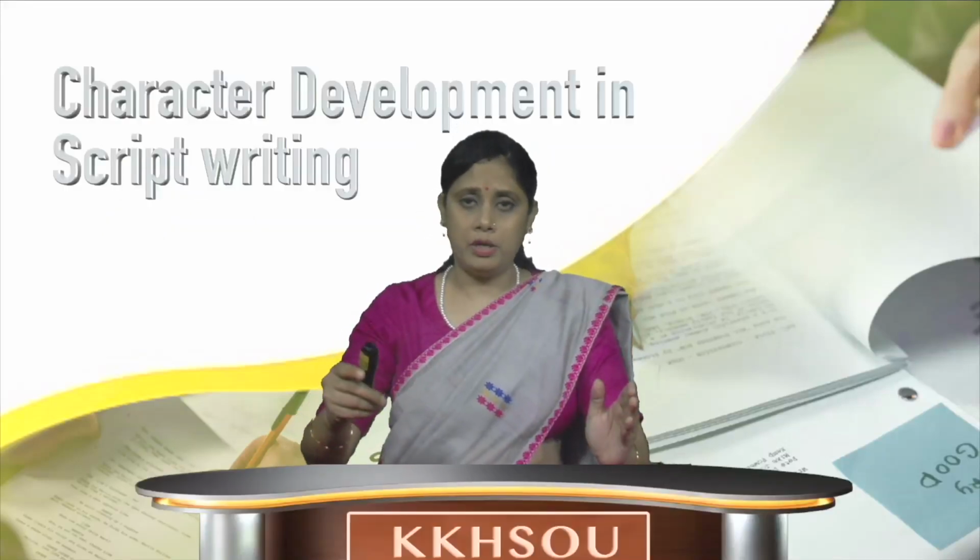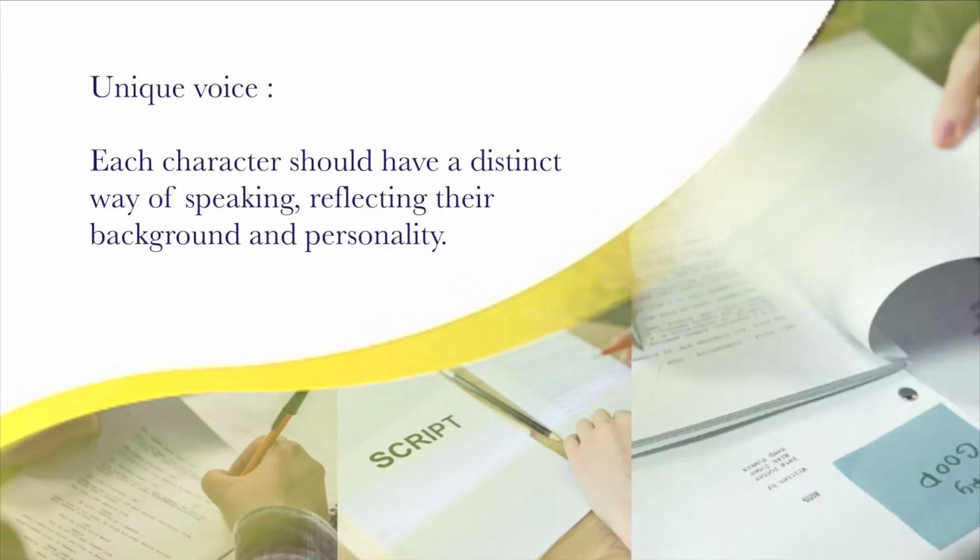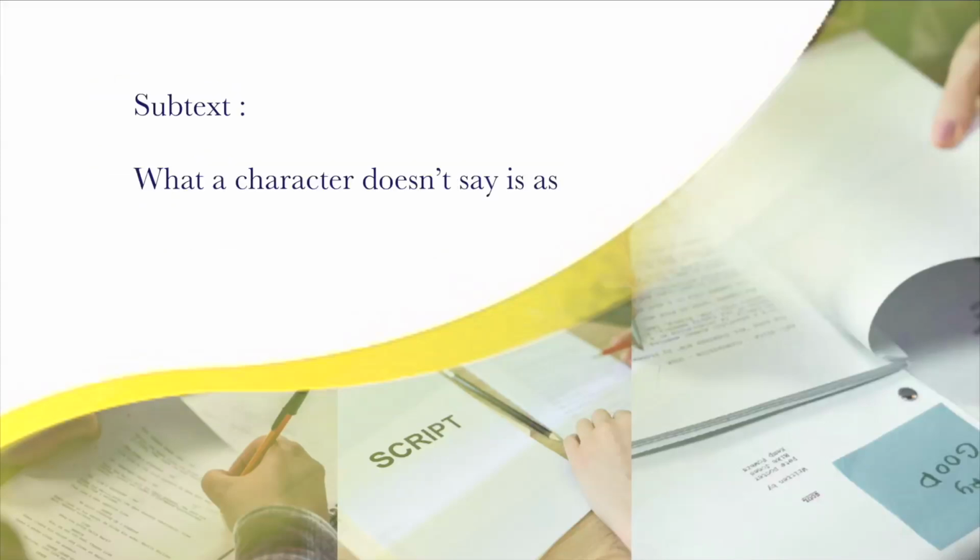So, the points that matter are unique voice, that is, each character should have a distinct way of speaking, reflecting their background and personality. Second is subtext, what a character does not say. Sometimes it becomes as important as what they say. So it is important to include subtext in a story.